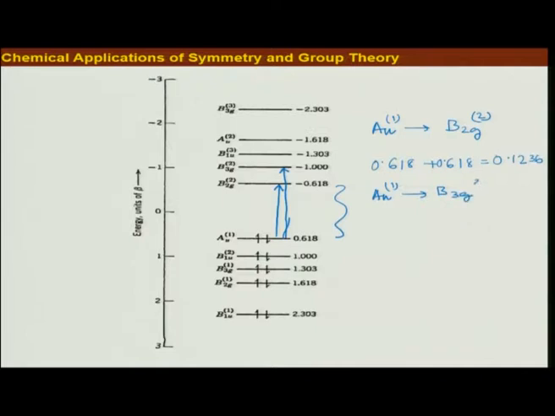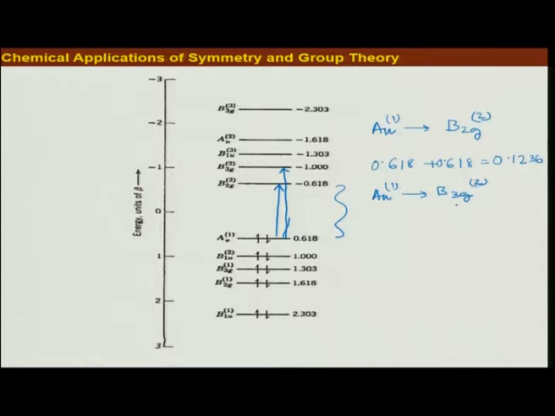B3G 2 orbital. And just note one thing, that I am calling these orbitals because they are orbitals. They are the SALCs that we formed out of the atomic p pi orbitals. So this AU or B3G that we are writing right now does not give me the electronic state. So make it clear.